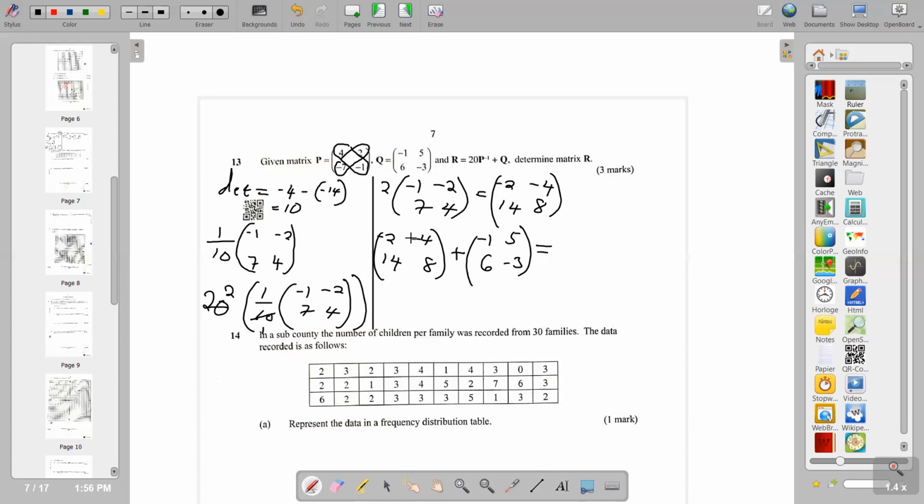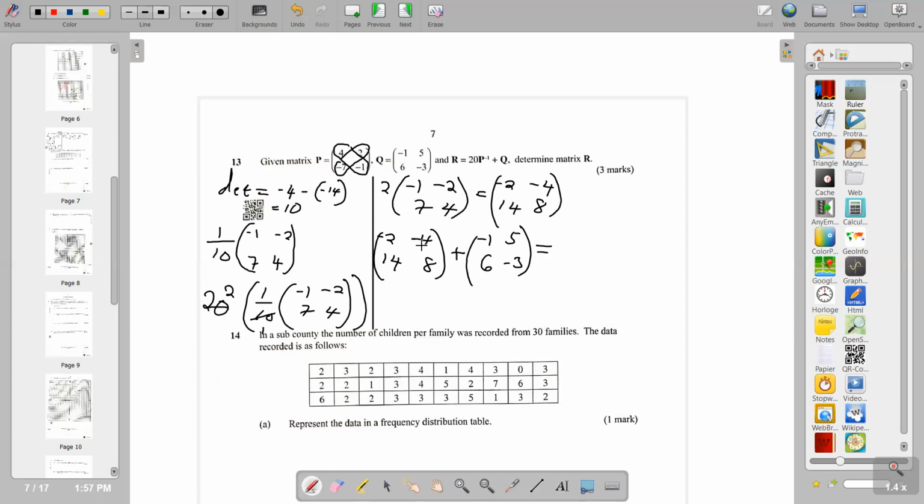In addition, you add element by element. For example, an element in row 1, column 1, you add to an element in row 1, column 1. So -2, you add to -1, and so on and so forth.